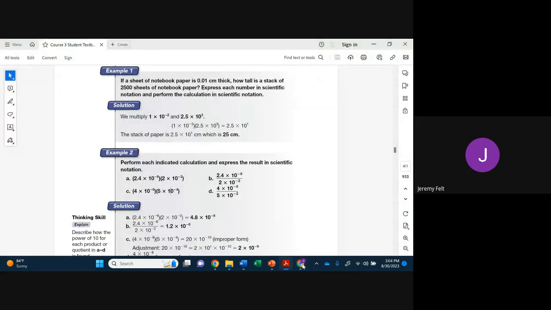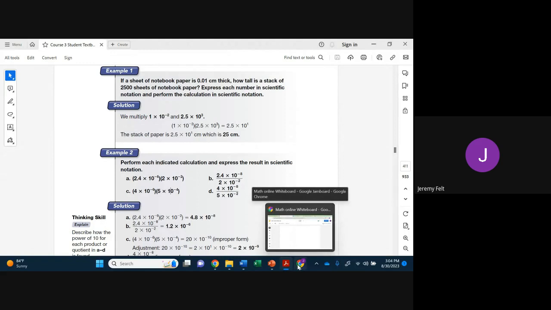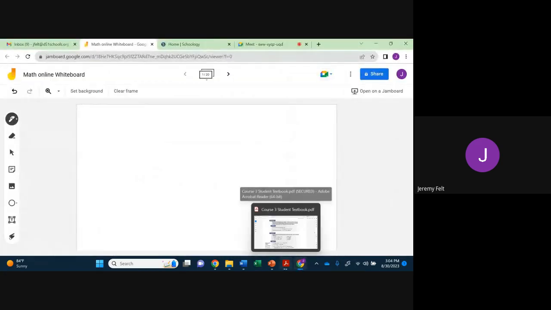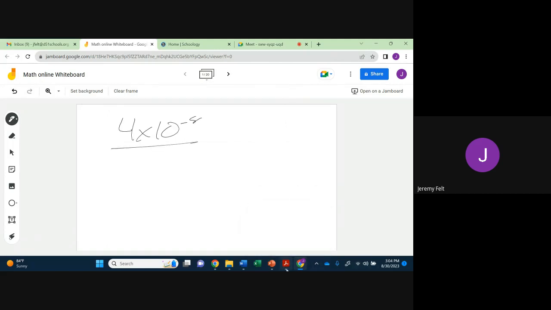Then if I'm dividing, so let's say example D, I get 4 times 10 to the power of negative 8 over 5 times 10 to the power of, what was it? Negative 2.